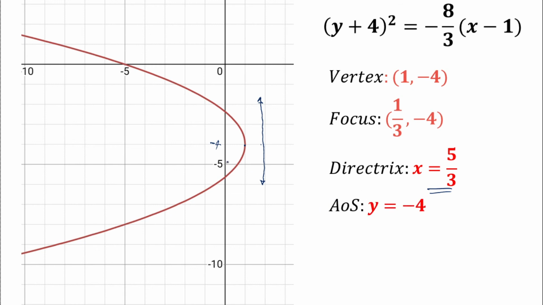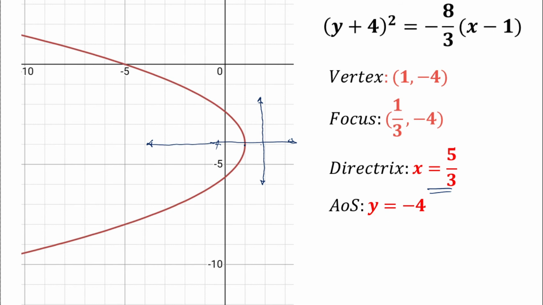Tapos, yung axis of symmetry naman niya, so yung axis of symmetry is a line that passes through the vertex and the focus point. So, since opening to the left siya, so yung axis of symmetry niya is horizontal line. So dito yan. Okay? Meaning to say that axis of symmetry is y equals negative 4.